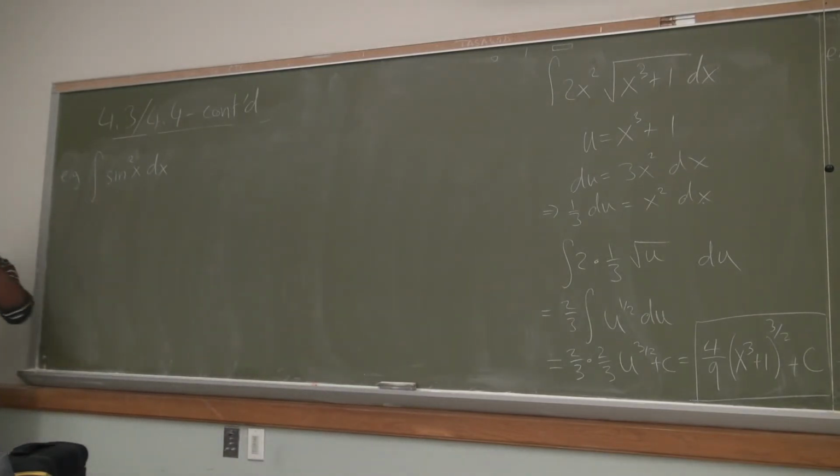How do we do this one? Sine squared x equals... This is sine. If I let u equal sine x, what would happen? The du would be cosine. Is there a cosine here? No. Can't use that.